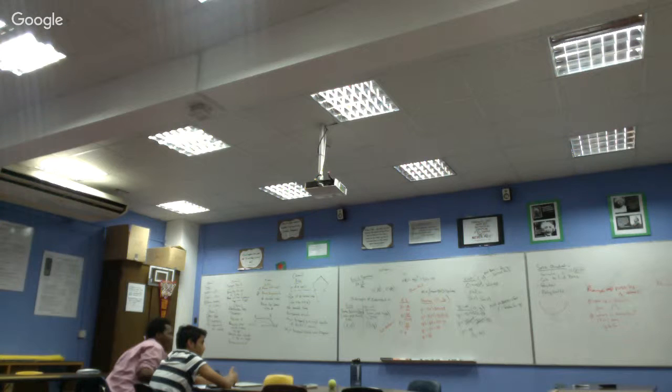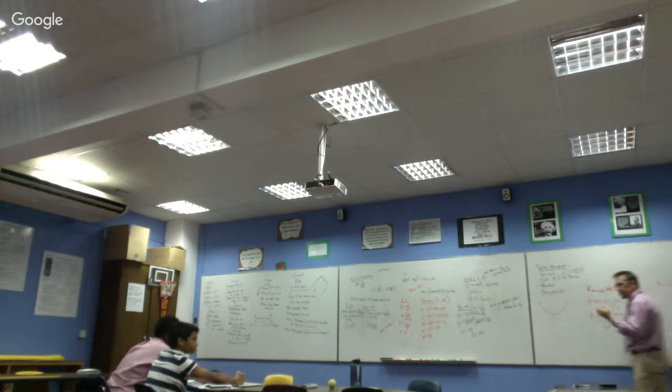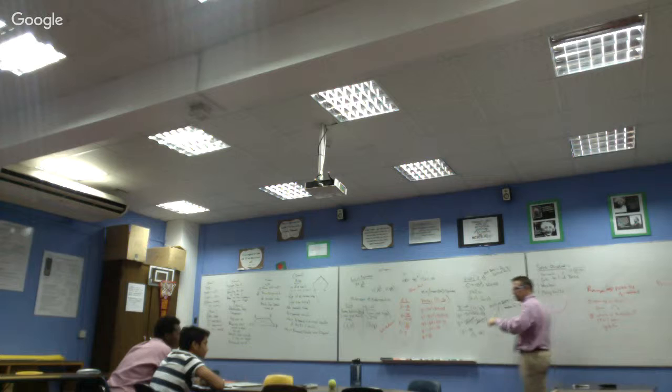Why is it all of them? Look at it, it's the possible x values. In other words, it's all the values that I can put into this function.